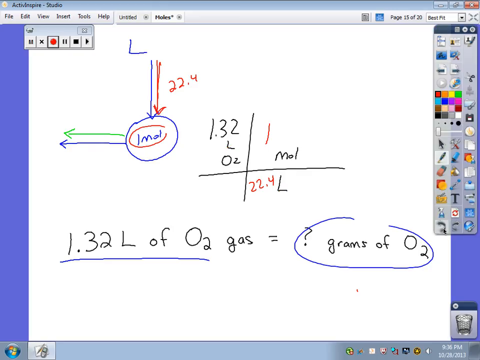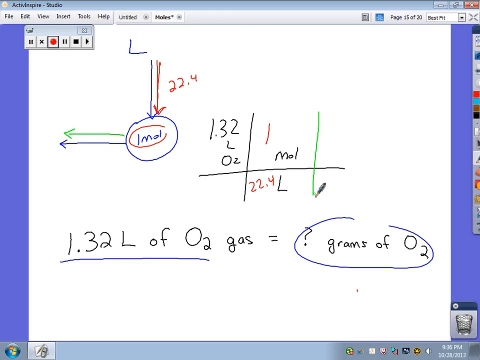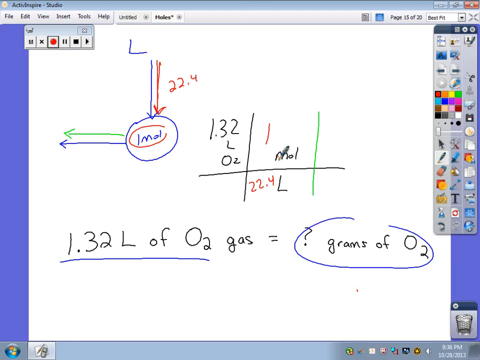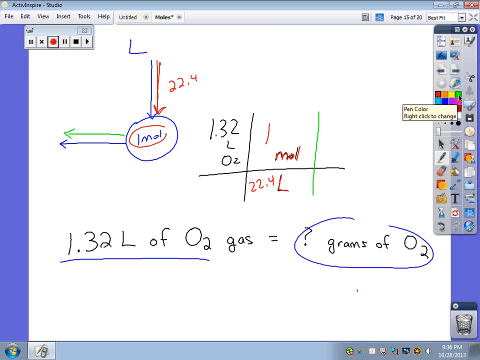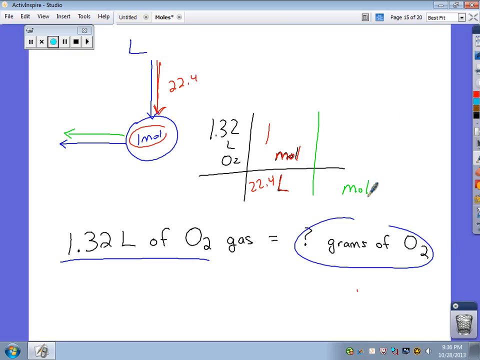That's what I want. So in my next step, what do I do? Okay, and I actually should have written this in red for you so you can follow that that's the first step. What's my second step? My second step is to change moles to grams. I don't even know if you can see that.